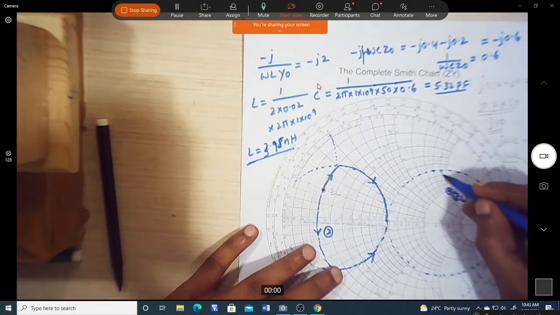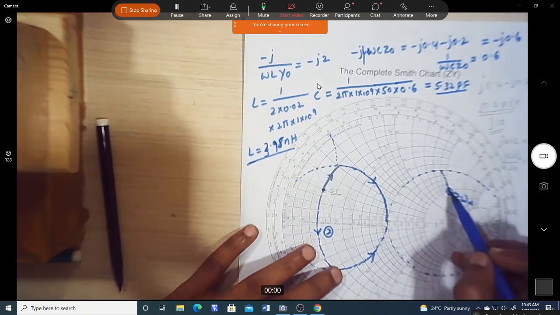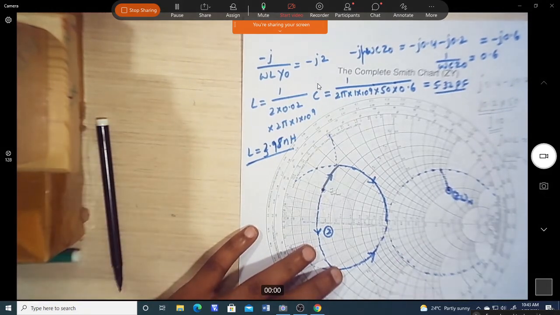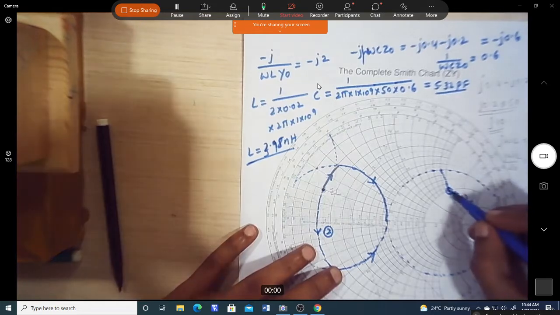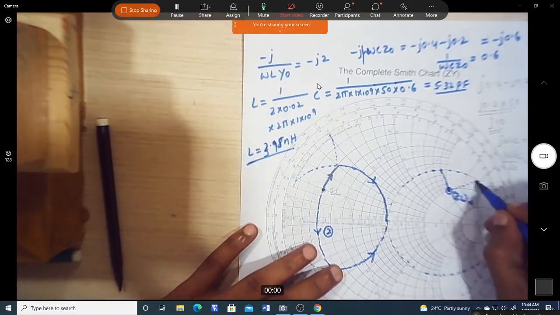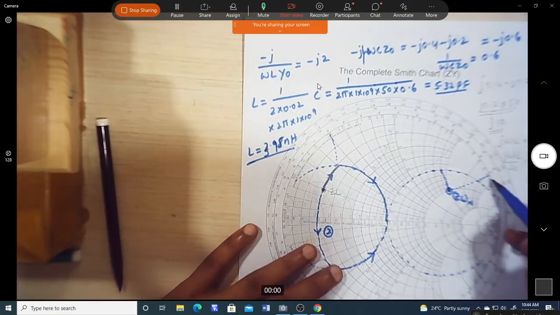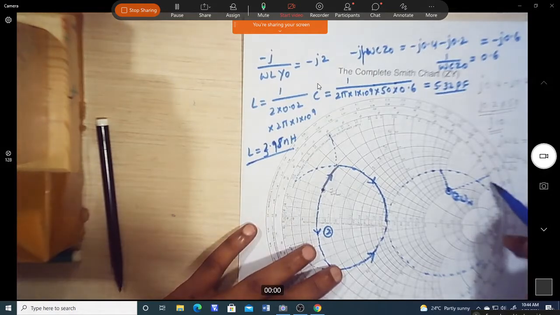I am writing on the parallel. Okay, so this is the distance where the inductor is moving. So how much? So now you can see the susceptance values. So the susceptance value here is around 0.2 and 0.3, in between it is there.